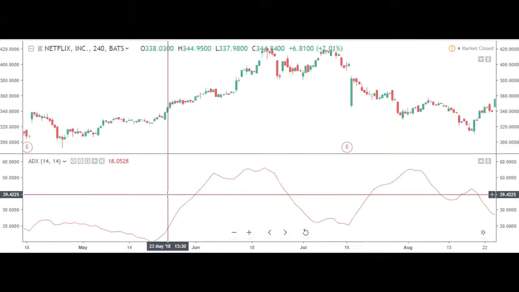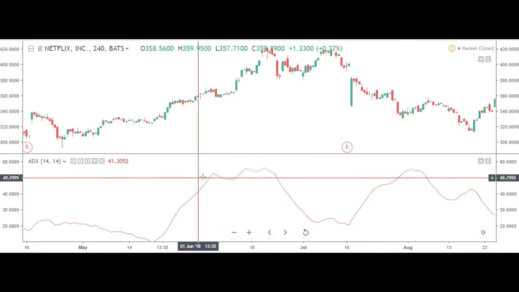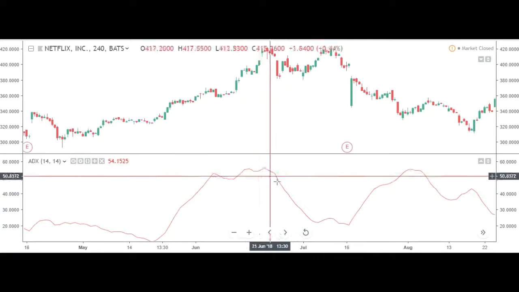Even here, once it hits 50, it had a quick reverse. Well, actually, now it hit 60 here, but there's still a pretty quick reverse, because this is not actually supposed to measure price at all. But a lot of times when you see it going down, you'll see the price going down as well. It's not really always supposed to do that.